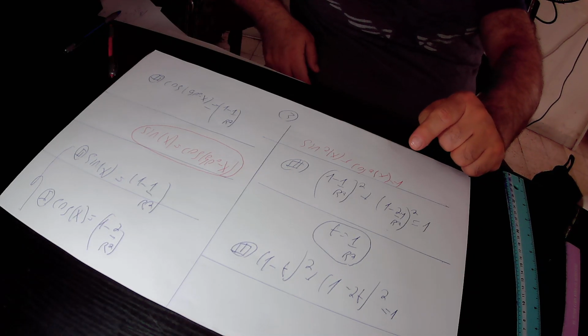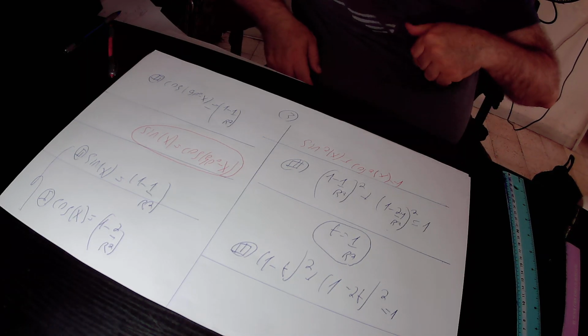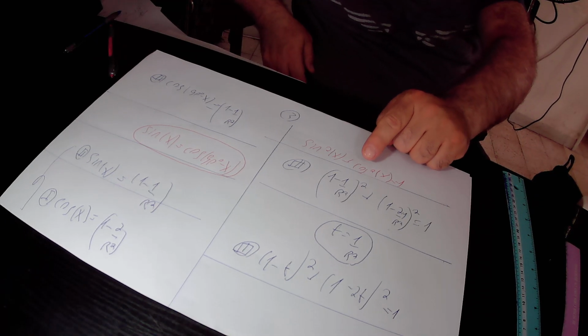In the next step, we define t as 1 over r squared. So now we can substitute 1 over r squared in equation 3 by t.